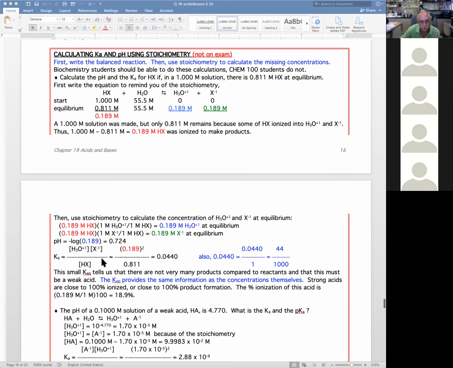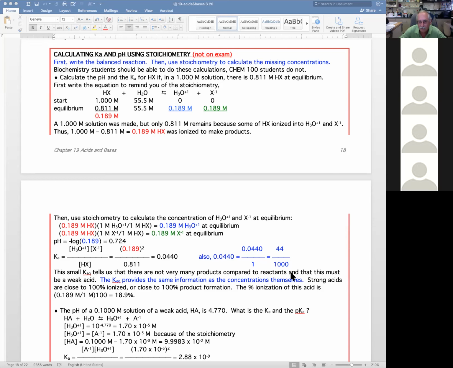So I crunch all these numbers and I get 0.044. So what does that number mean, 0.044? That number tells us that there's 44 parts of products for every 1,000 parts of reactant.